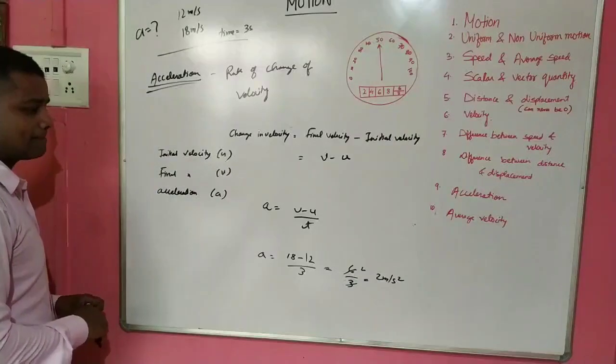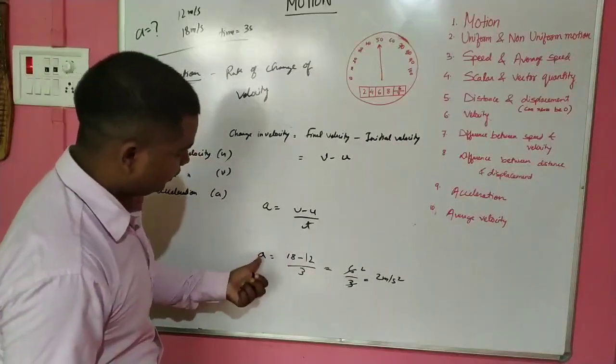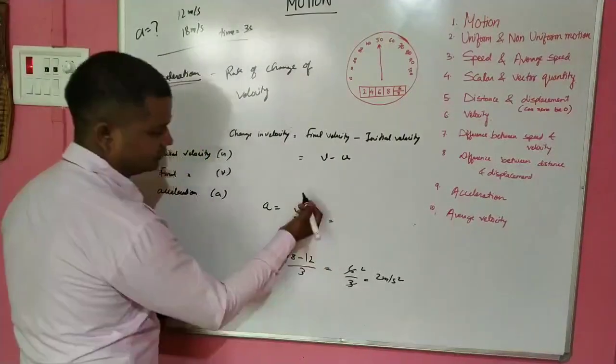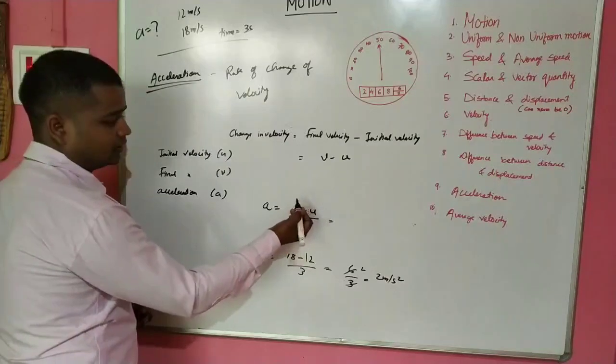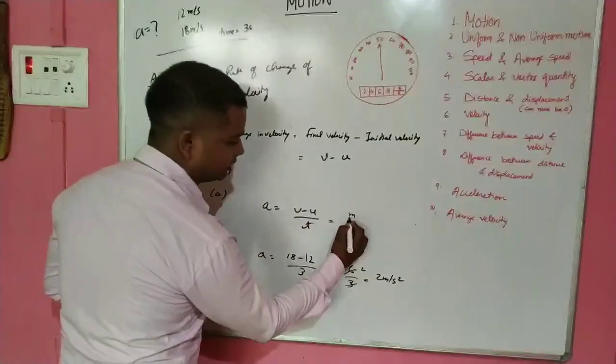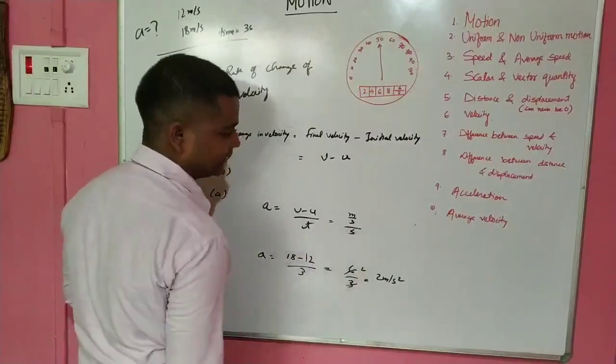Is that clear? Now, why is the unit of acceleration meter per second square? You can just calculate from here. In the numerator, you have velocity. So, what is the unit of velocity? Meter per second. And what is the unit of time? It is second.